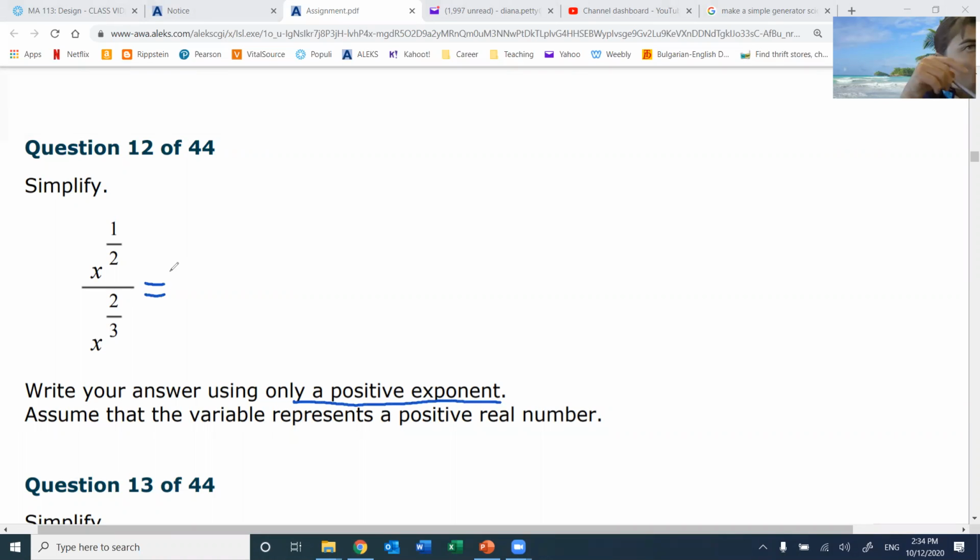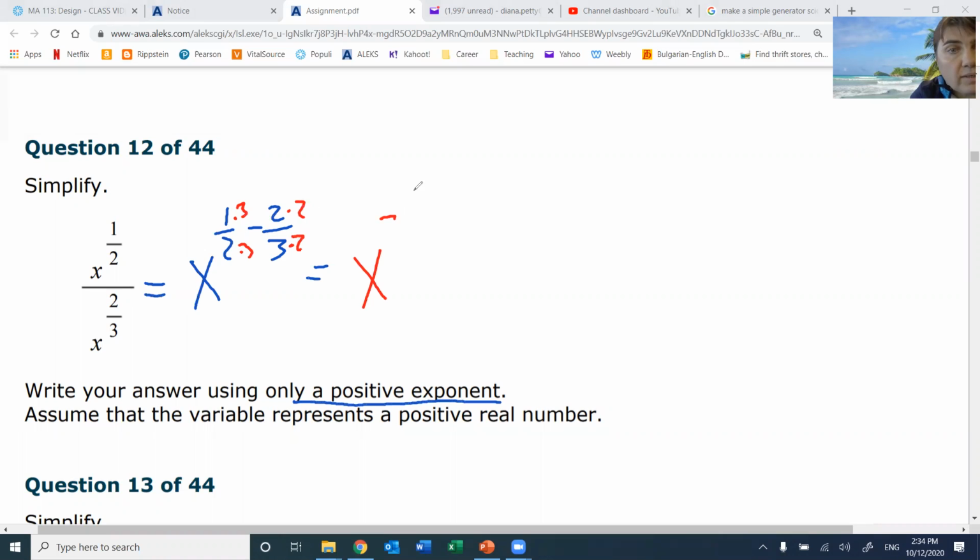So what do you do with the exponents when they're divided? Subtract them. So it's going to be x to the 1/2 minus 2 over 3. Right? So they do common denominator here. 3 and 2. 3 minus 4, it also is negative.